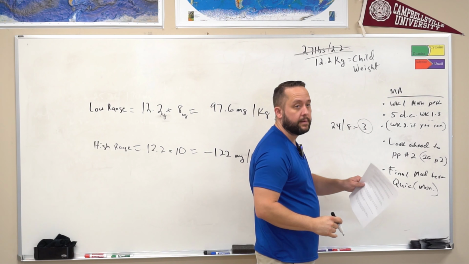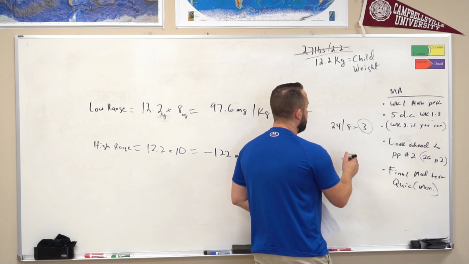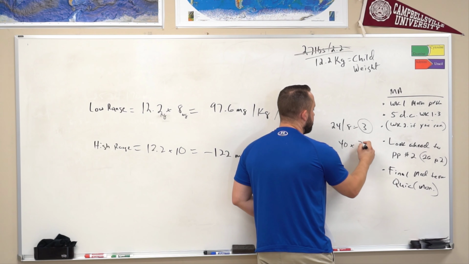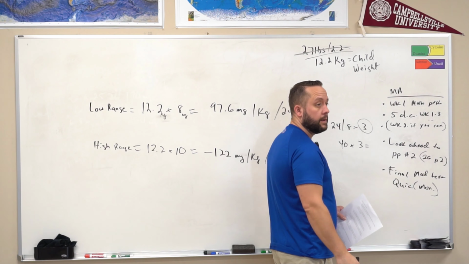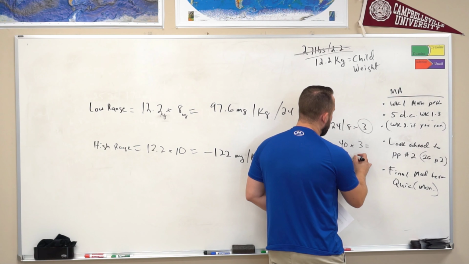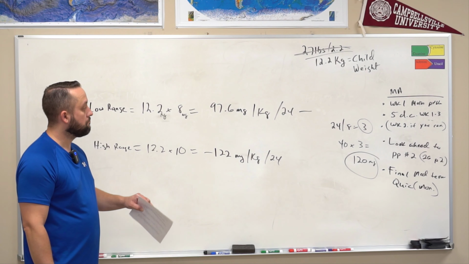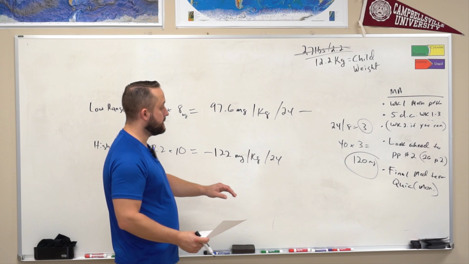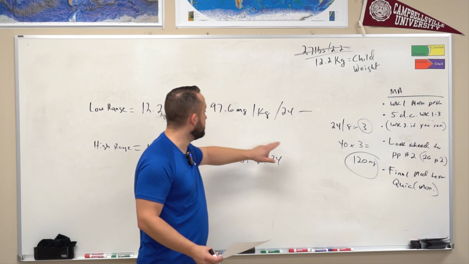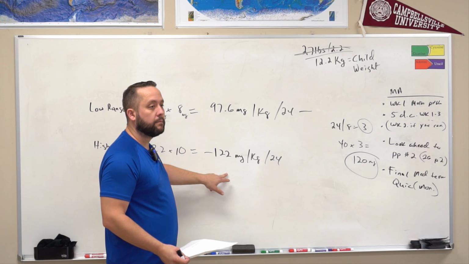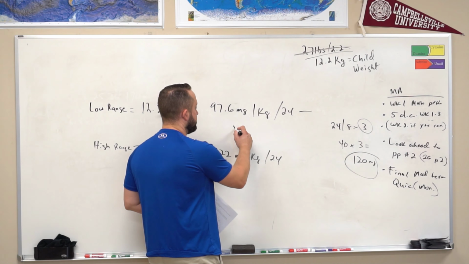It's the same thing. So I'm going to take 40 times 3. It's going to be 120 milligrams. Does what he's prescribed fall within these two numbers? Yeah. Okay, so the dose is safe, yes.